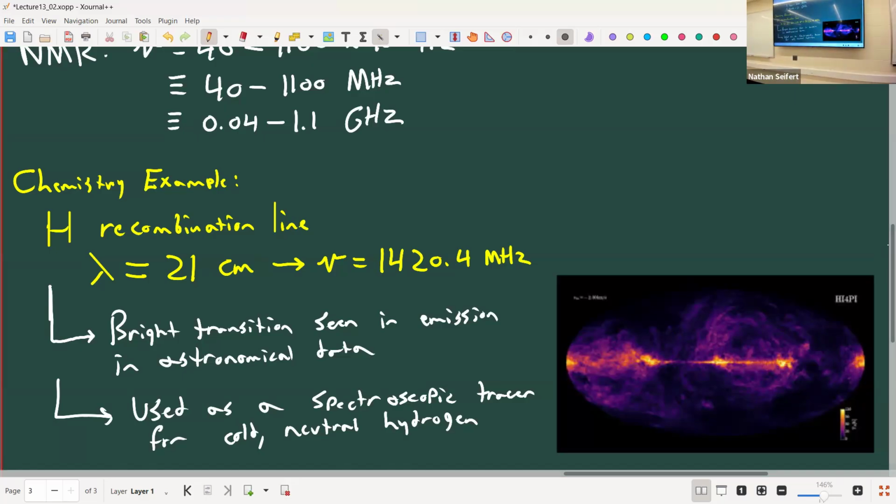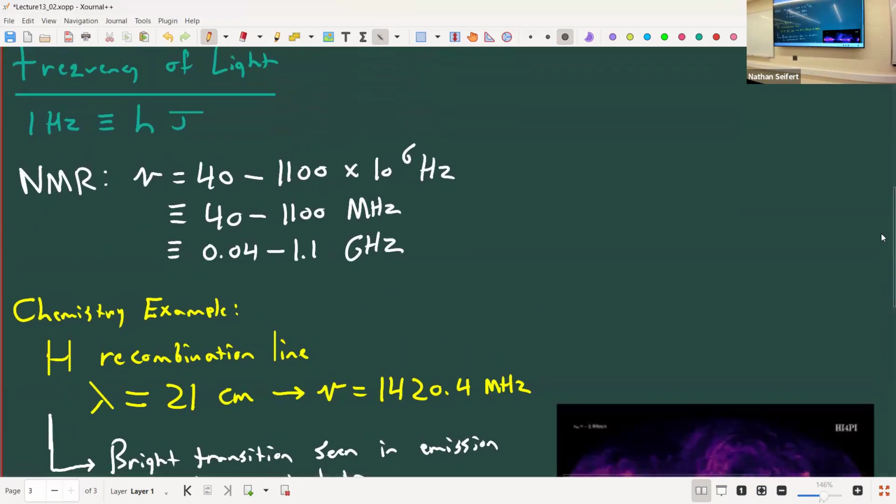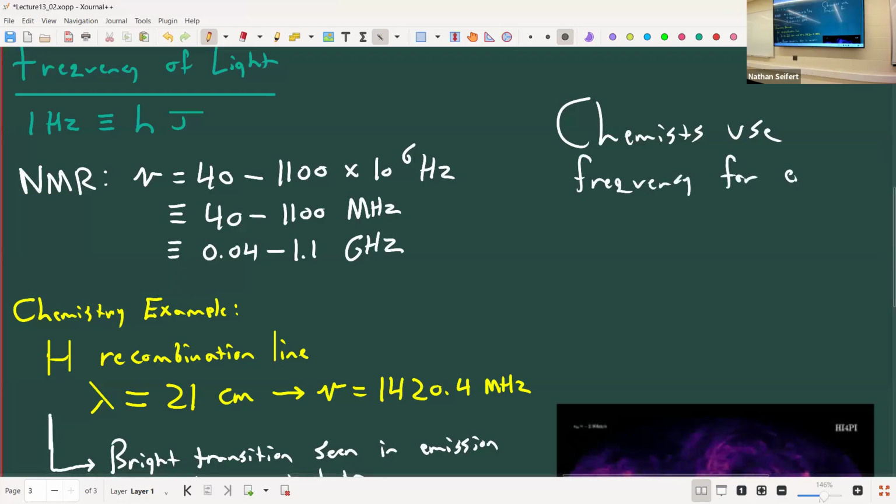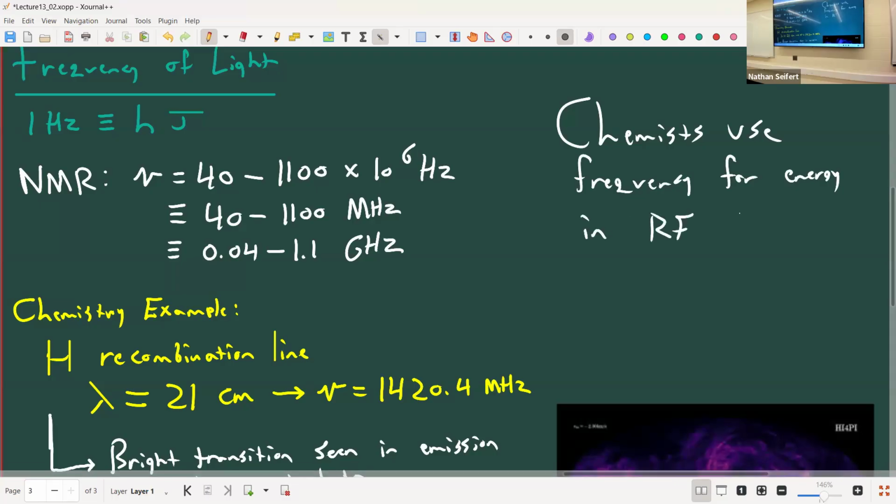So spectroscopists use frequency or energy in RF, radio frequency, and microwave applications.